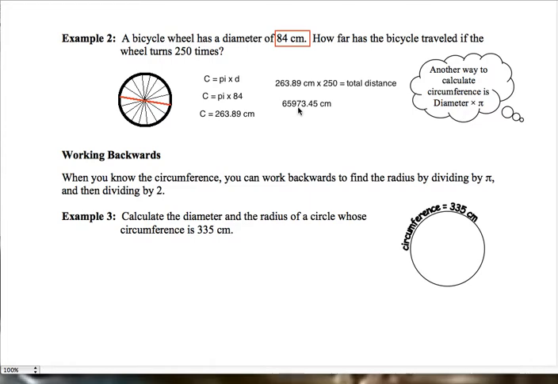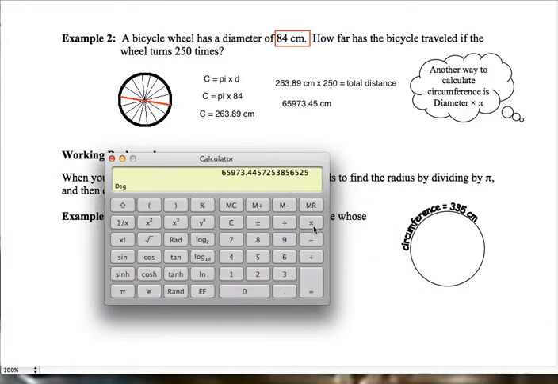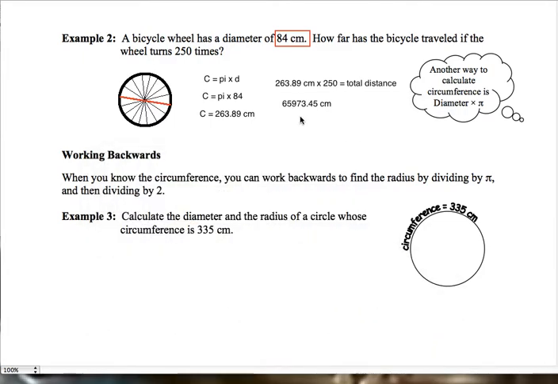So I could say, well, maybe let me turn this into meters, which I can do by moving it over 2 decimal places. So this is the answer. Whoops, did I say times there? Sorry. Yeah, do that, and then divide by 100. 659.73 meters.